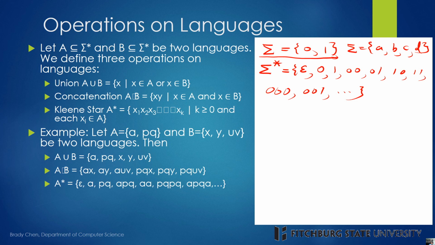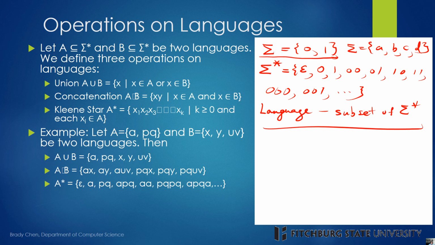Now, then we define the language. A language is just a subset of sigma star. A language could be a finite language or an infinite language, meaning the language contains an infinite number of strings. Now, let's go back to the current topic, operations on languages.